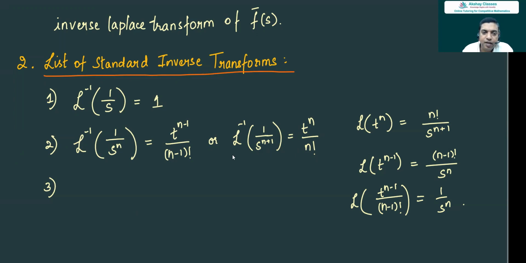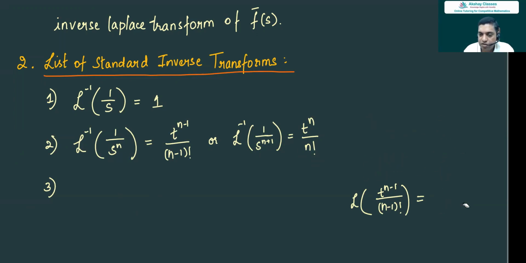So the power of t and the factorial below will be 1 less than the power of s in the denominator.